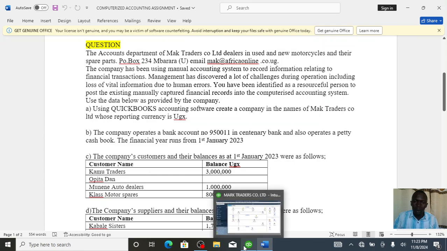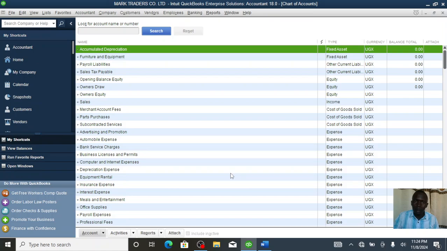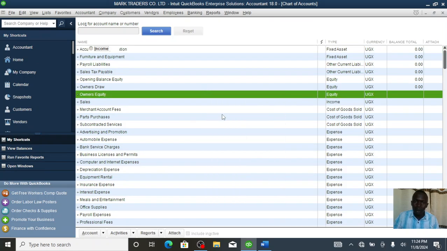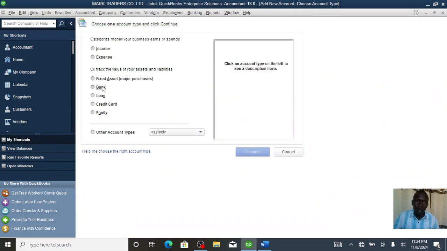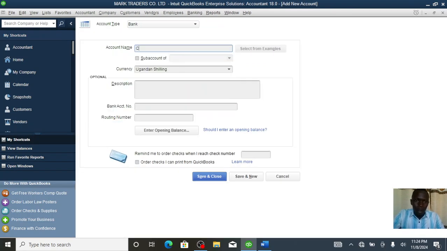So go back to our QuickBooks, go to chart of accounts, we maximize, then we right click, we add new bank, it is under bank, we continue, we input Centenary Bank, our account number is 950011. We say save and new.